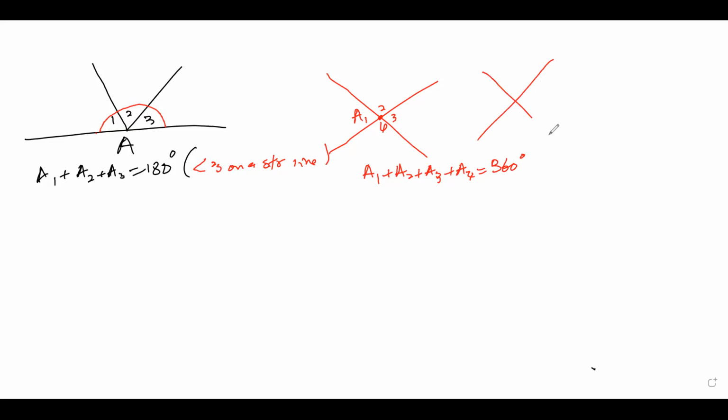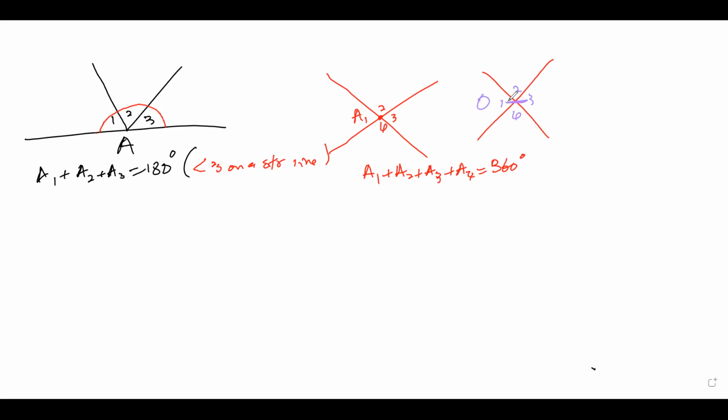And then we also have vertically opposite angles. So someone sitting right across from you, like in class, the person sitting right across you, not the one on your side, the one either in front or at the back, that's your vertically opposite angle.